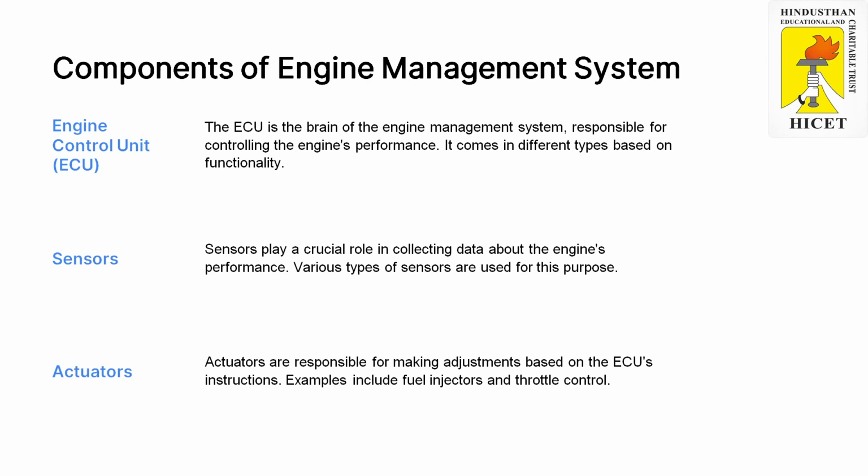Actuators are responsible for making the adjustments based on the ECU instruction, called a signal. The fuel injector is a kind of actuator, throttle controllers are kind of actuators, electronic valves are actuators, like several actuators used in our automotive systems that can vary their functions based on the ECU signal.